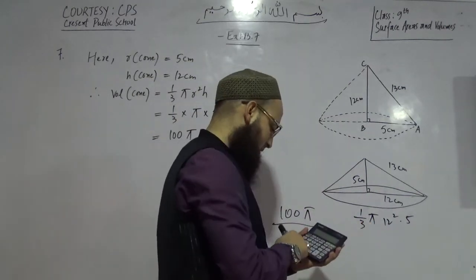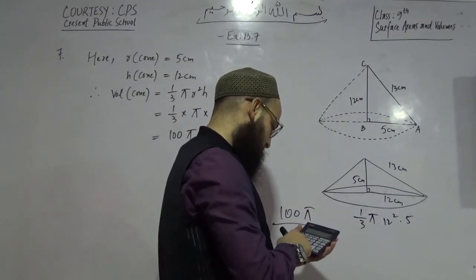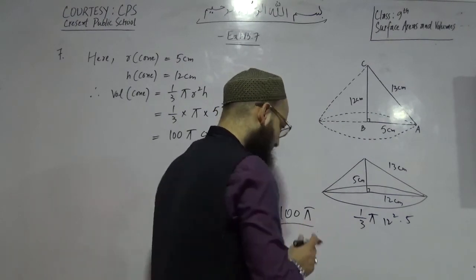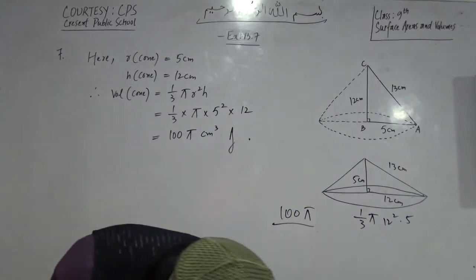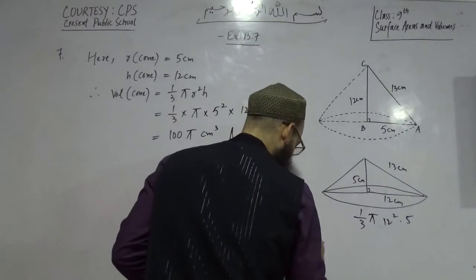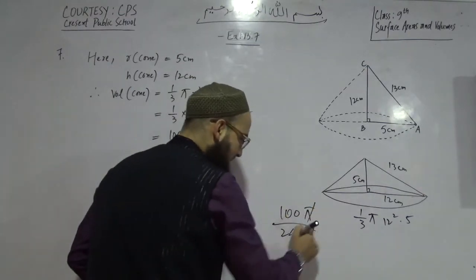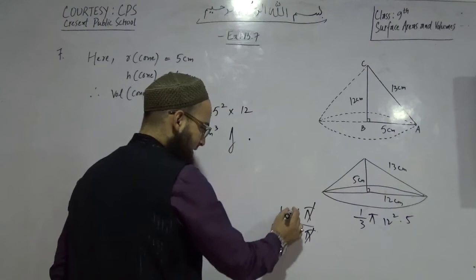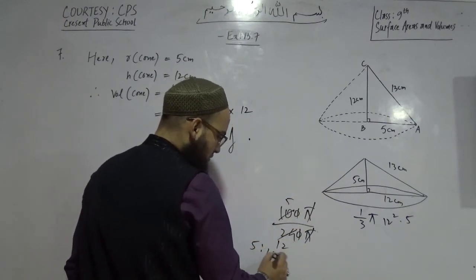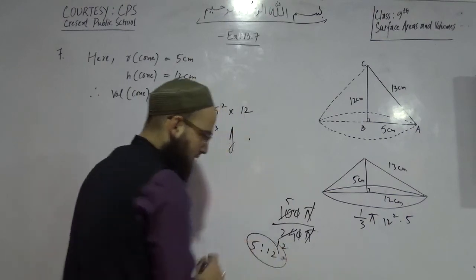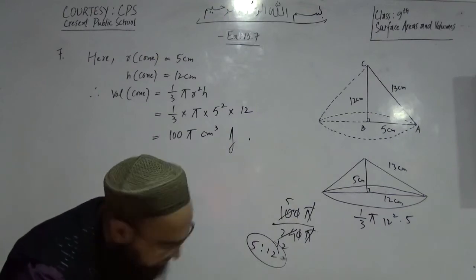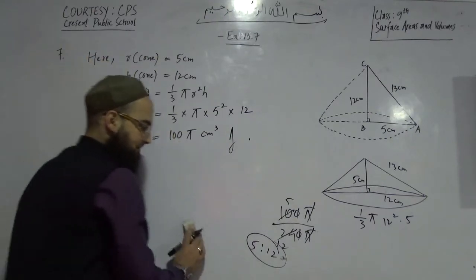Because r is this, so you will get 144 times 5 divided by 3, so you have 240 pi. Now find the ratio. Pi gets cancelled, 0 gets cancelled. 2 5s 10, 2 12s 24. So 5 is to 12 is the required ratio. Got it? And that's your answer.